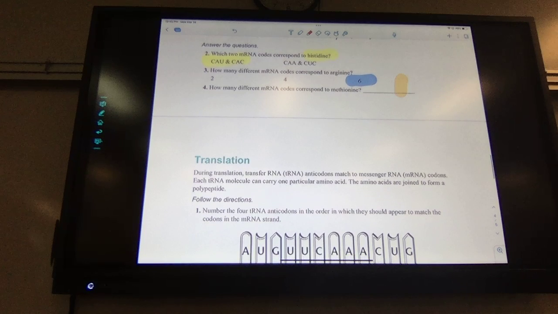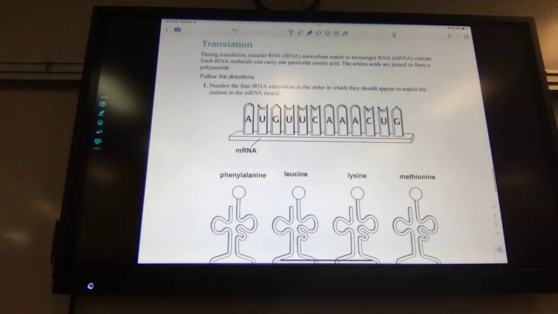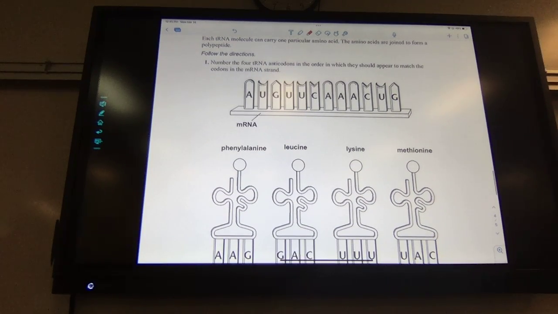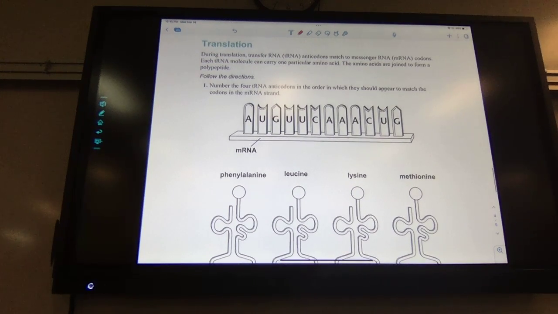So this isn't too hard, right? Especially if you were paying attention during the protein synthesis race. I'll get you started on the translation. So this is messenger RNA.